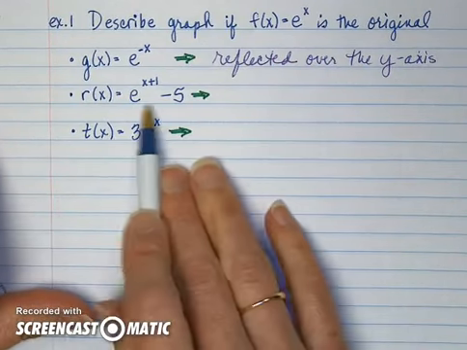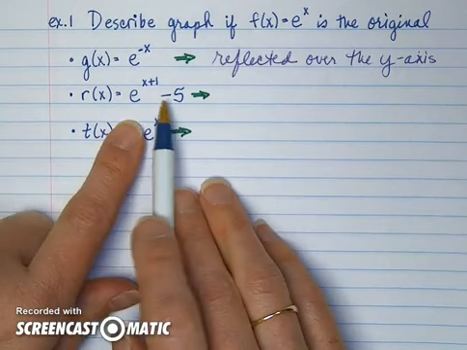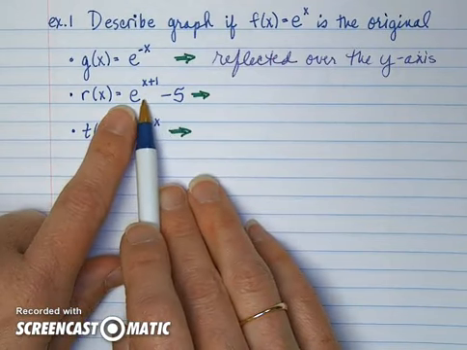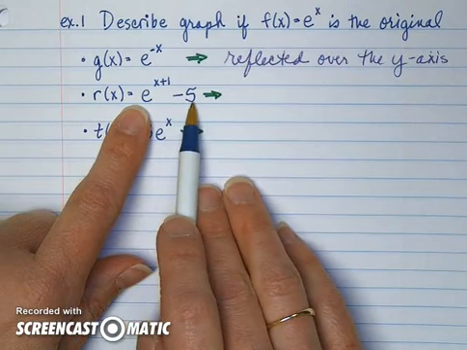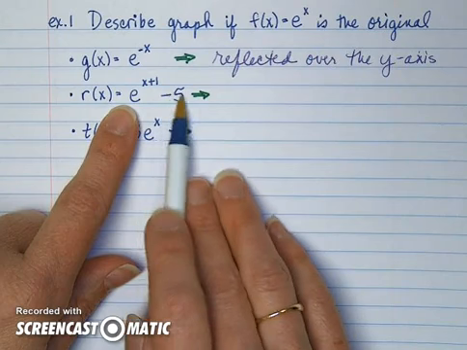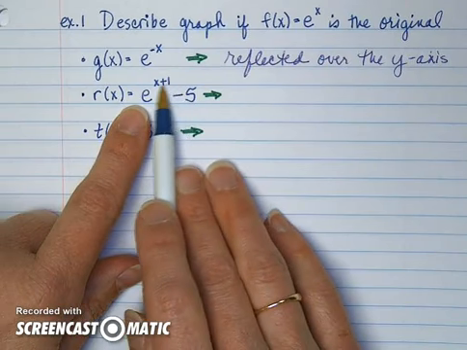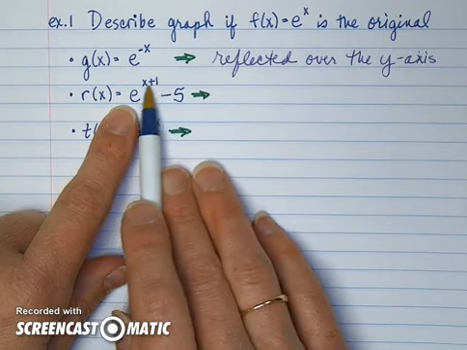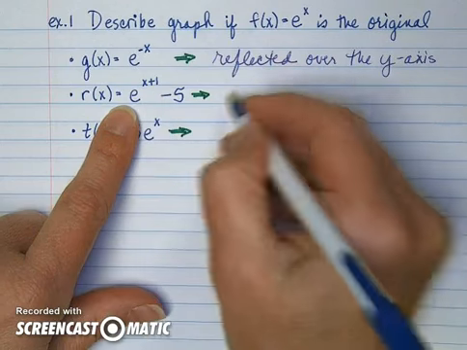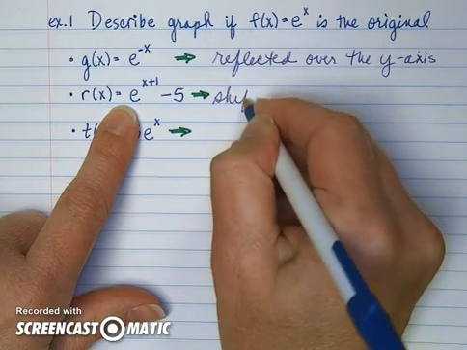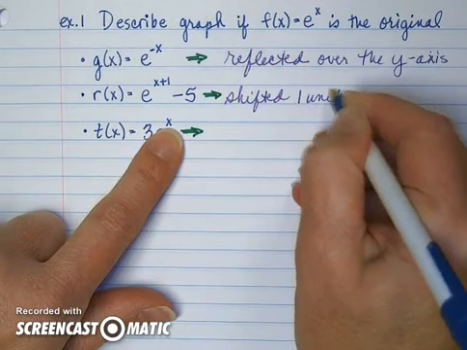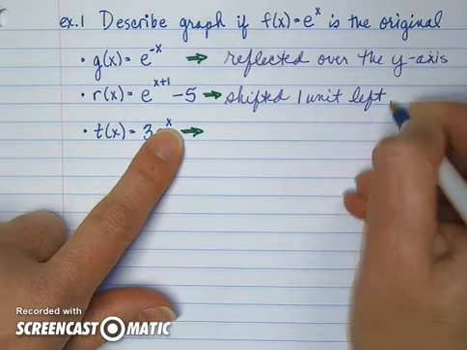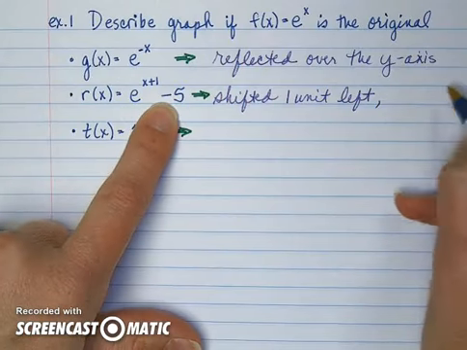This function that has e to the x plus 1 minus 5, so the 5 is going to be your k, the 1 is the h, that 1 shifted it 1 unit to the left, so shifted 1 unit left and 5 units down.